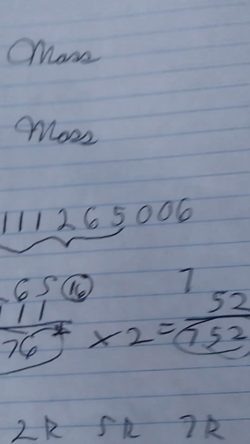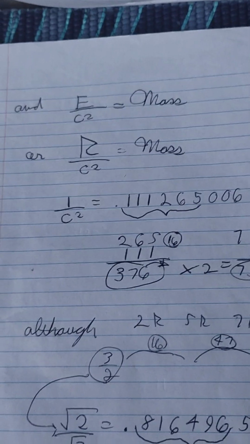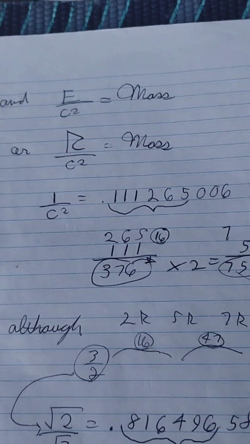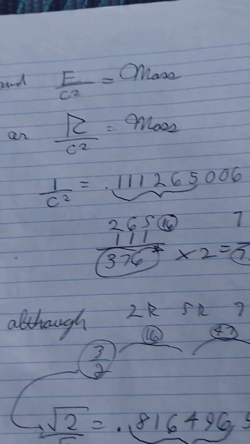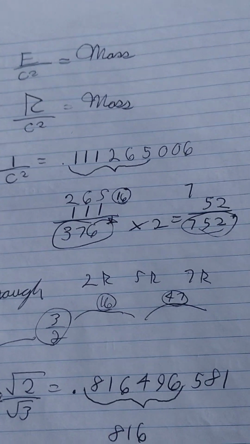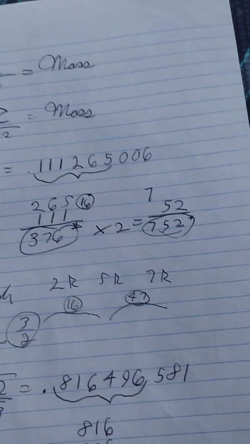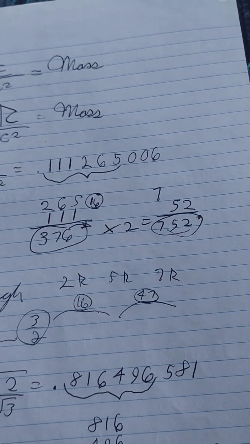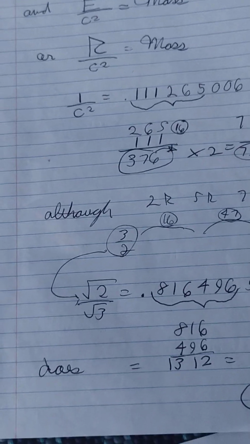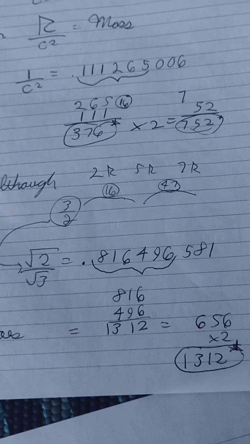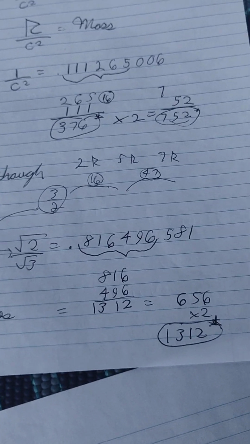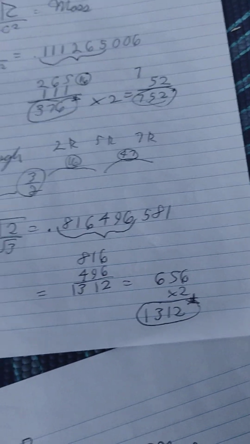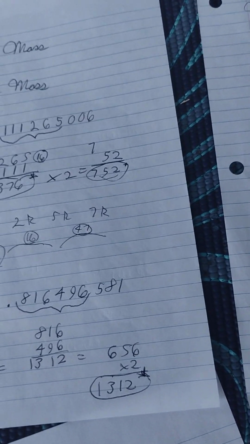Yet, if we take the 752, take Einstein's original equation, m equals E over c squared, you just take the lowest value of 1, you get 376, which comes from 752 divided by 2. And then you run it the other way, and you get 1312, which is the 656 times 2.